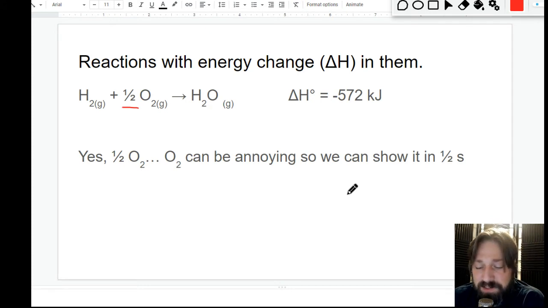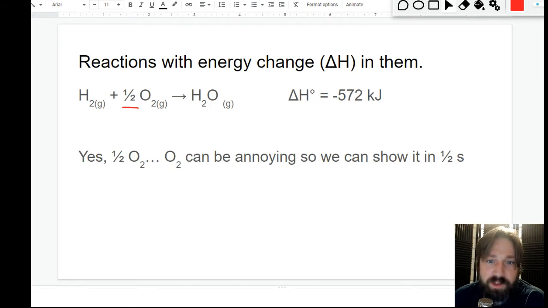When it comes to things like heat of formation, and actually a lot of different reactions, we will just say, okay, it's a half a mole of O2. And it's fine. I think you guys are pretty used to coefficients now. I think you can handle a fraction for a coefficient. It's a half of oxygen. And you're going to treat it just like any other number. All right. So there's that.